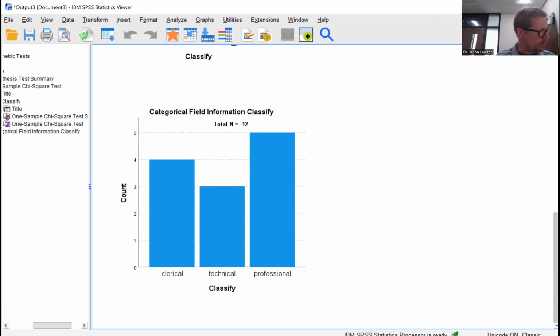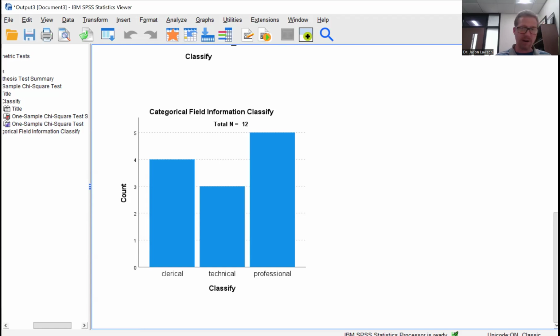We would word that a chi-squared goodness of fit test was calculated to determine if the sample fit with the hypothesized distribution of 20% clerical, 50% technical, and 30% professional. There was no significant deviation from the hypothesized values.